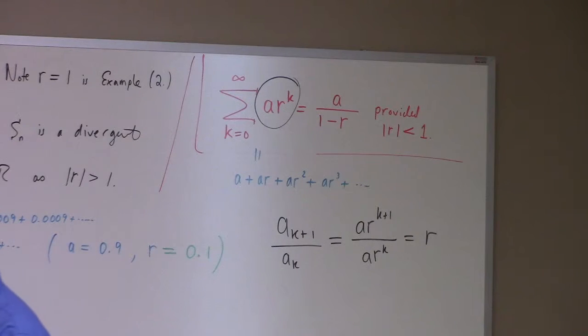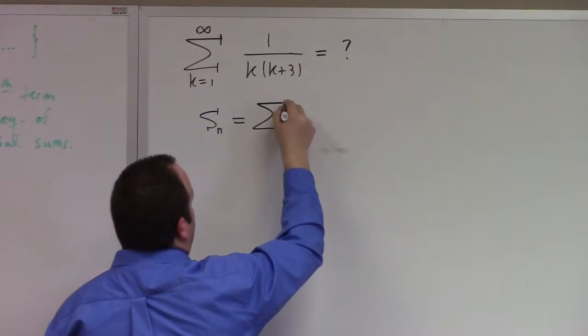R. That's why it's called the ratio. If you take the ratio of subsequent terms being added in the series, and it is constant for all k, then it's geometric. If it's not, it's not. Geometric, of course, is nice because we already have this formula. Question? Okay. This is clearly not geometric anyway.